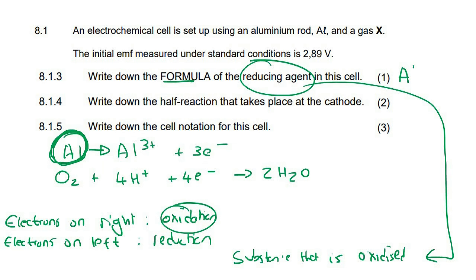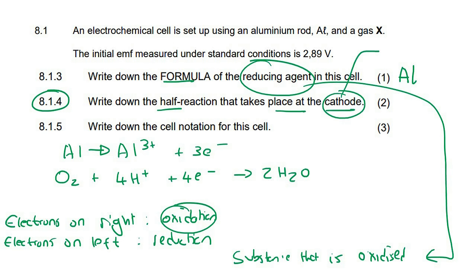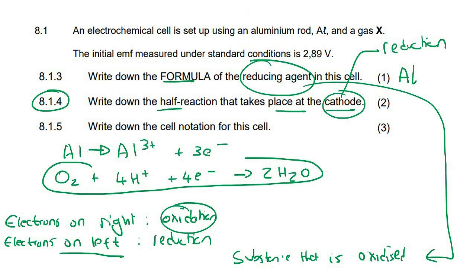So we can just say aluminium. This question says write down the half reaction that takes place at the cathode. Okay, so we know that cathode is reduction. That's where reduction happens, and reduction is when the electrons are on the left, and so this is the answer for this question.